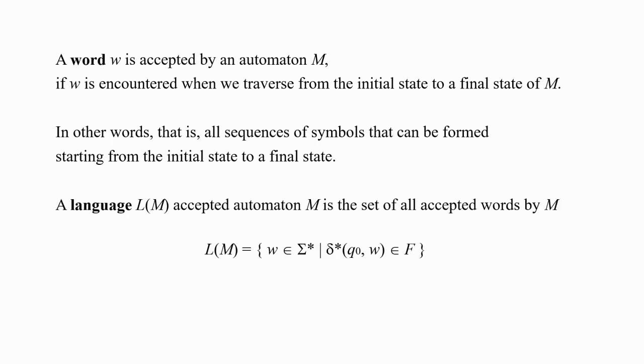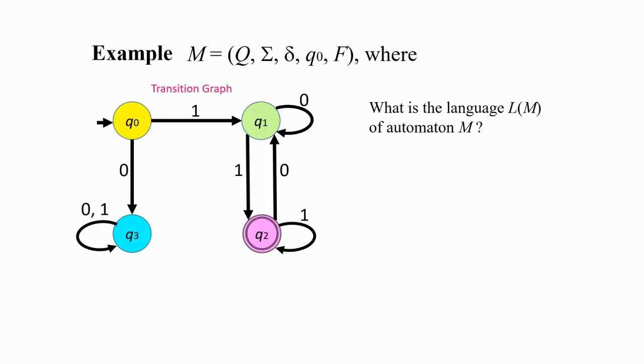A language LM accepted by automaton M is the set of all words accepted by M. So LM is equal to the set of W element of sigma star, where delta star with Q0 and W is an element of F.